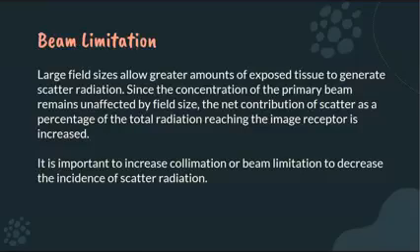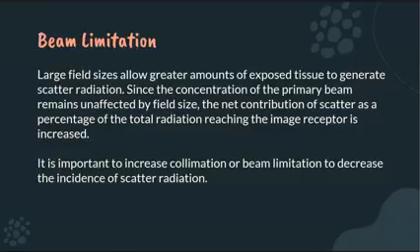Therefore, there is an inverse relationship between collimation and or beam limitation with field size and scatter radiation. So if you increase collimation, field size will decrease and also scatter radiation will decrease, and vice versa.